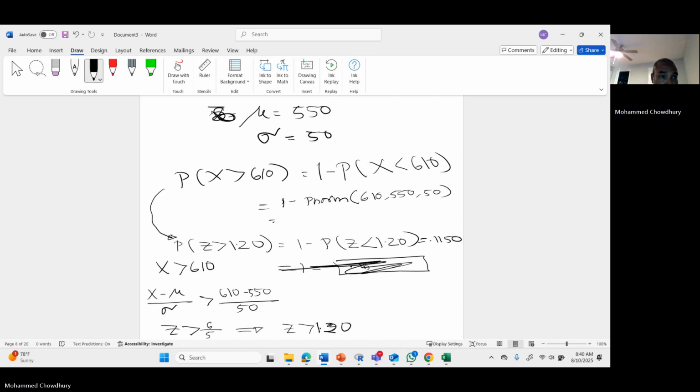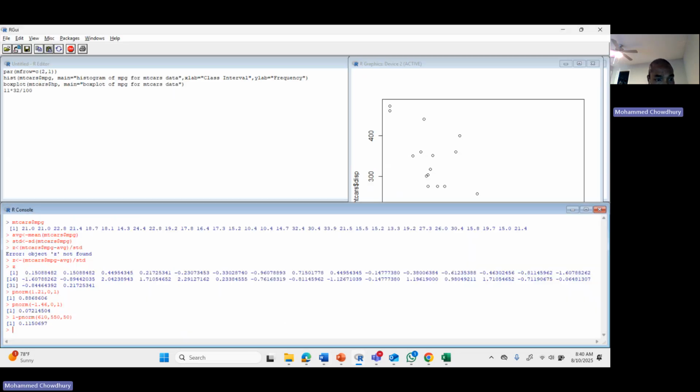Now, if I am asked to compute this by using Excel, how can I do that?